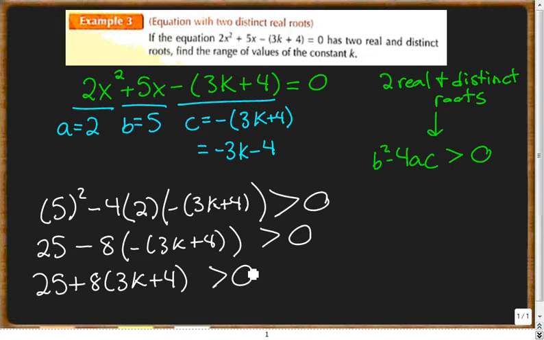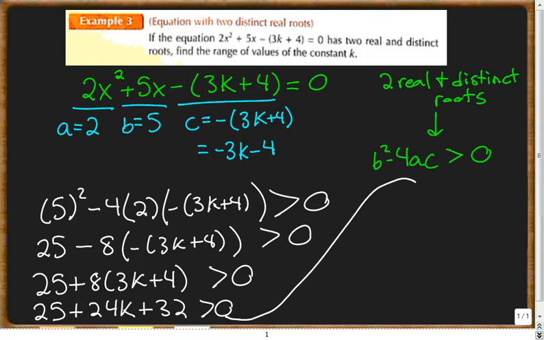And so I'm going to have 25 plus 24k plus 32. Sometimes you can skip through a few steps if you need to, but it's always important, especially when there's a lot of clutter, to make sure that you're not dropping anything, so you can keep the right answer. Now from here we've got 25, and we can combine that with our 32. That's going to make 57. And then we have plus 24k.